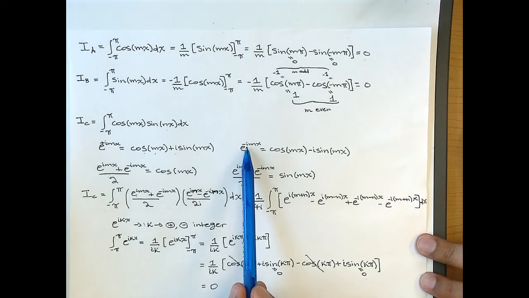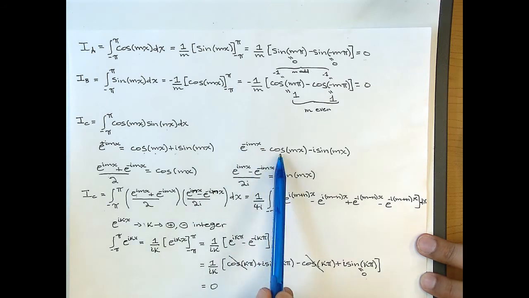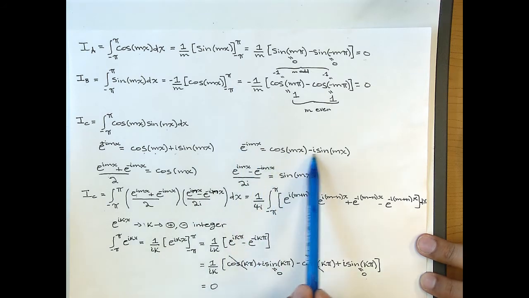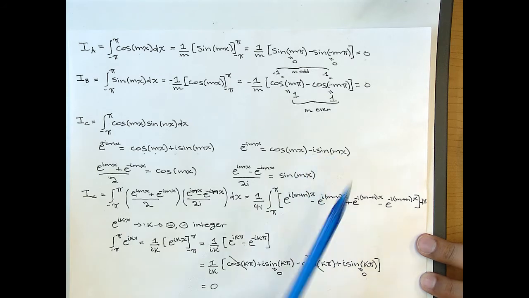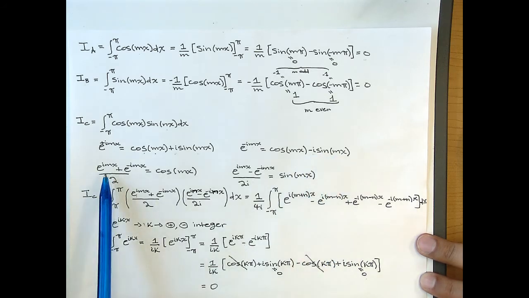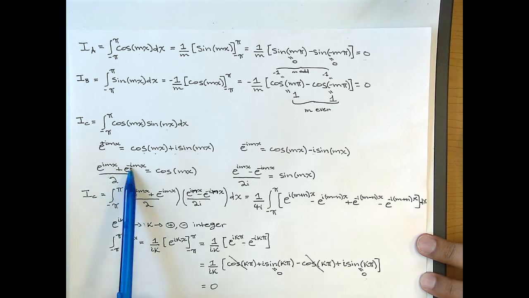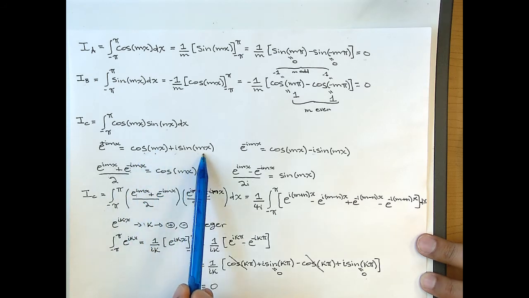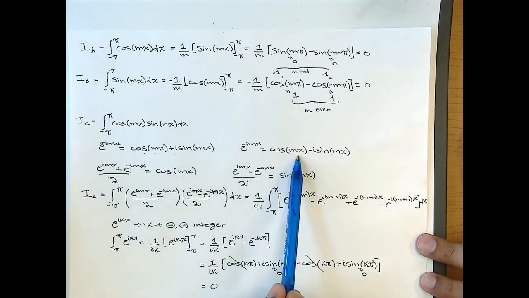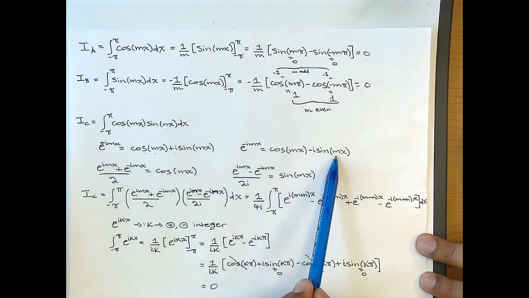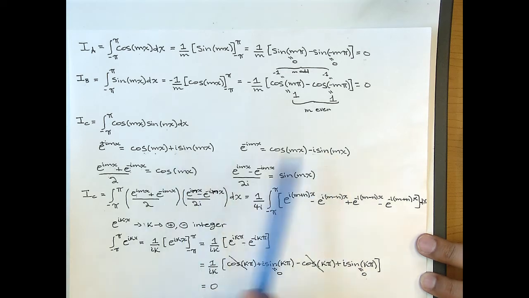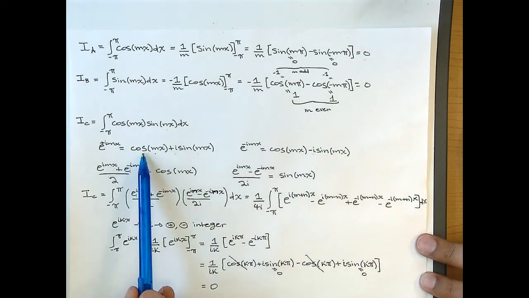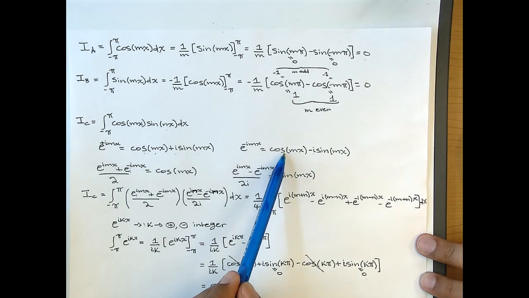And similarly, e to the minus i mx will be the cosine of mx minus i sine of mx. Okay, so if we add e to the i mx plus e to the minus i mx, that will just give us cosine of mx plus i sine of mx plus the cosine of mx minus i sine of mx. So you'll see that the sine terms will cancel out, and we'll just end up with 2 cosine of mx.